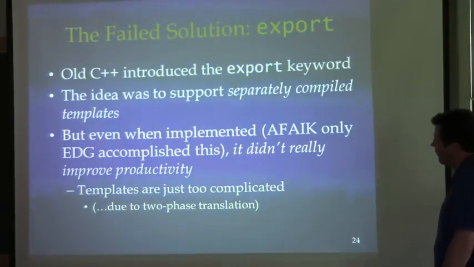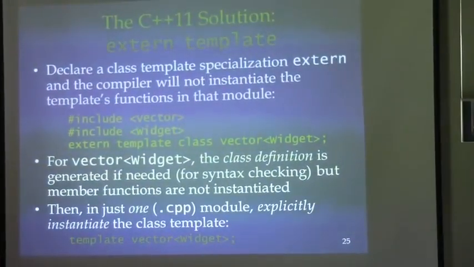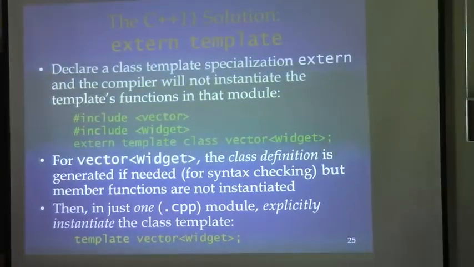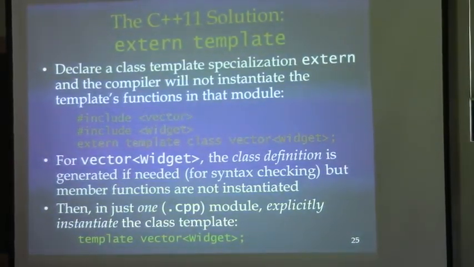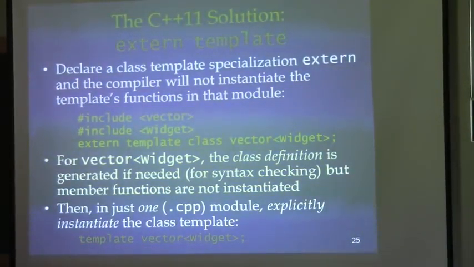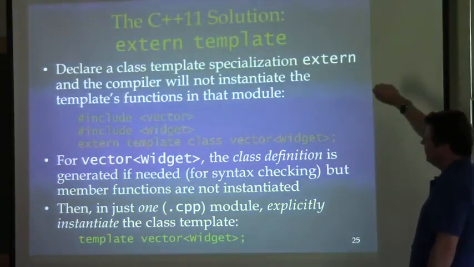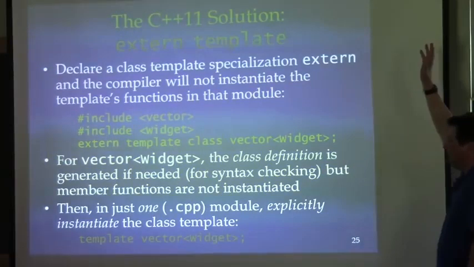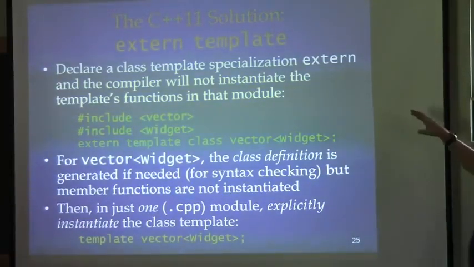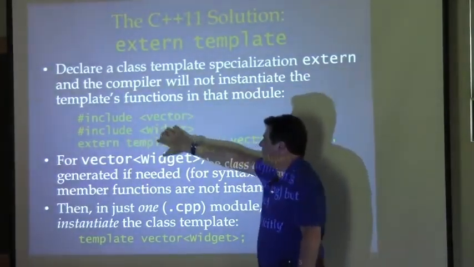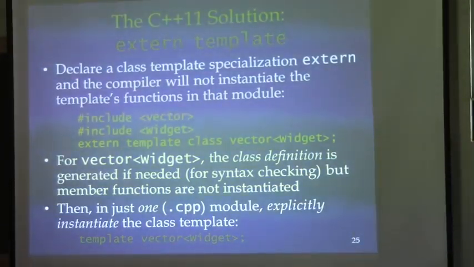Okay. Fortunately, another solution was come up with that actually addresses this in a very, very elegant manner. And it's the extern template declaration. In a header file, you include the header files for your library components that you need.